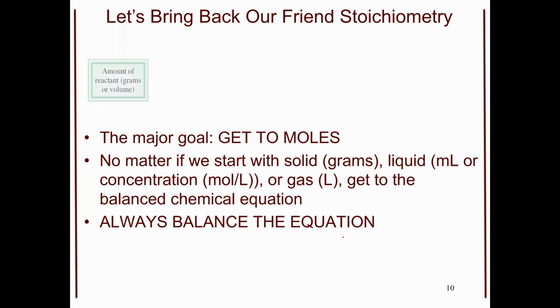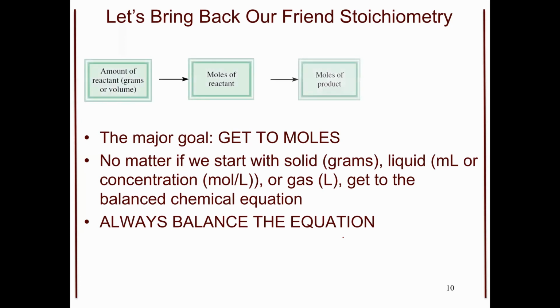The last thing that we want to do for our examples today is bring back our old friend stoichiometry. So as you've heard me 1,000 times over talking about grams to moles to moles to grams, this is the last time we're actually going to bring it up because now we can start with anything we want. A solid in grams, a liquid in milliliters or concentration, and now, as you can see, we are going to use gases in liters.